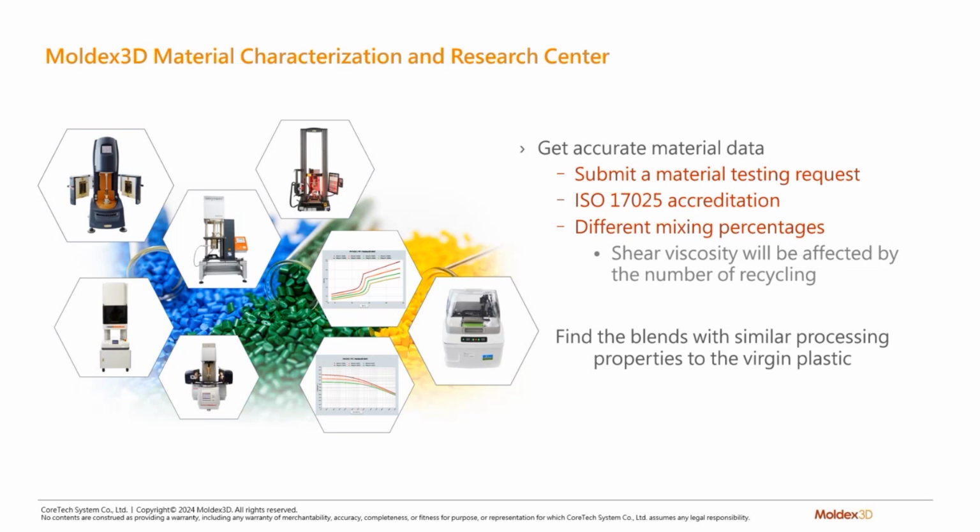Material data will be available via a custom app, which will then include shear viscosity and 5 different mixing percentages and how shear viscosity will be affected by the number of recycling. This will help you find the blends with similar processing properties to the virgin plastic.